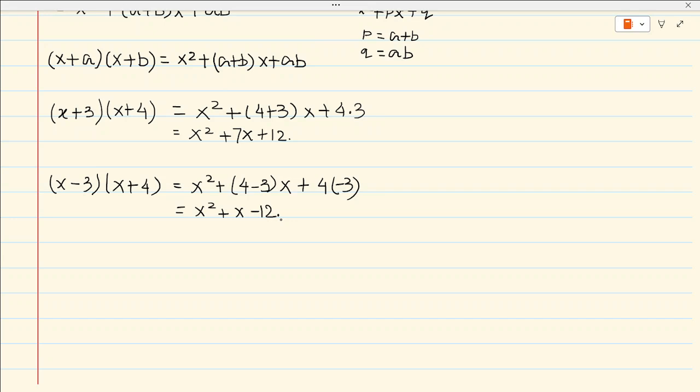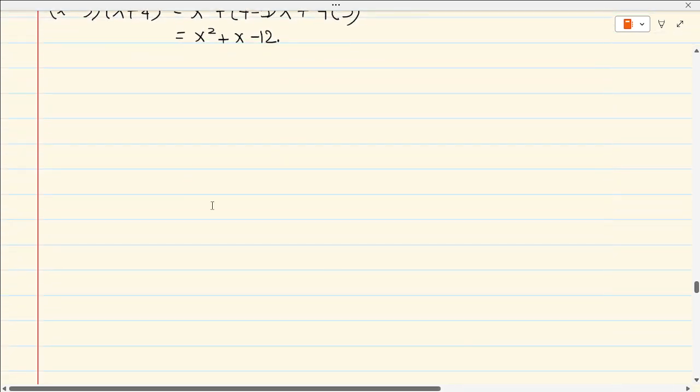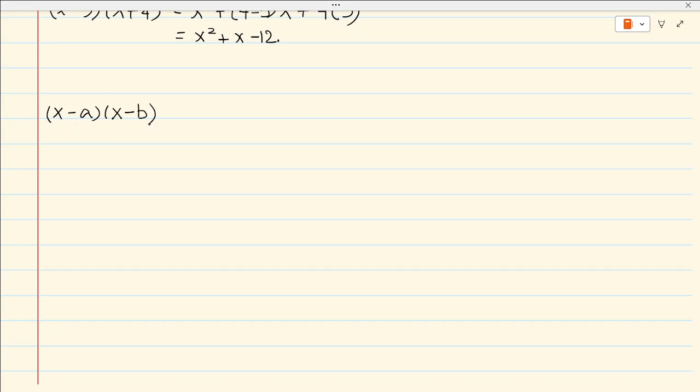If we want to formulate some rule, or give it the shape of a formula, what we can do is write it as follows. Suppose we are multiplying two expressions, x minus a and x minus b.